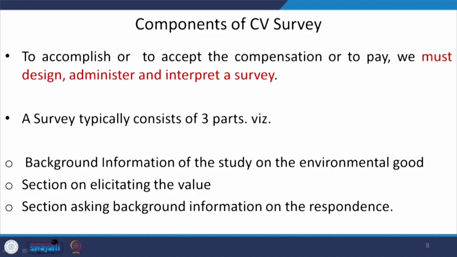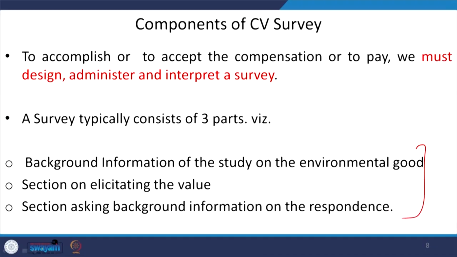And the last one is asking for background information on the respondents, the individuals to whom we are putting the questions on these environmental goods or attributes. So, these are the 3 different sections that are a must in a typical contingent valuation questionnaire.